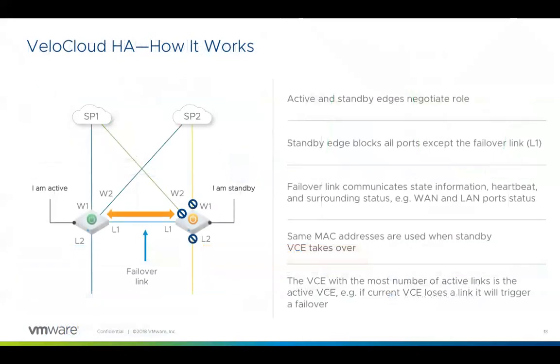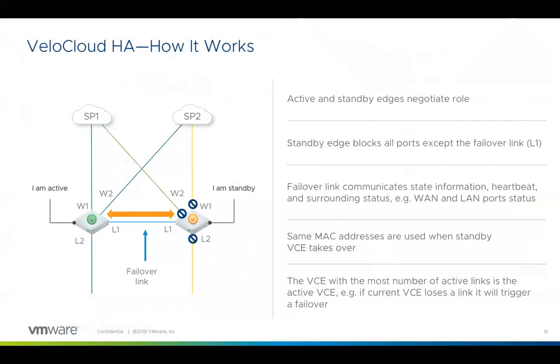Okay, so very quickly, this is how the native HA works. By default, there is a link between the edge devices, and then the standby edge will block all of its ports. And once they establish states between each other, the failover link will be used to communicate their state information, used for heart beating and also for syncing the flows.